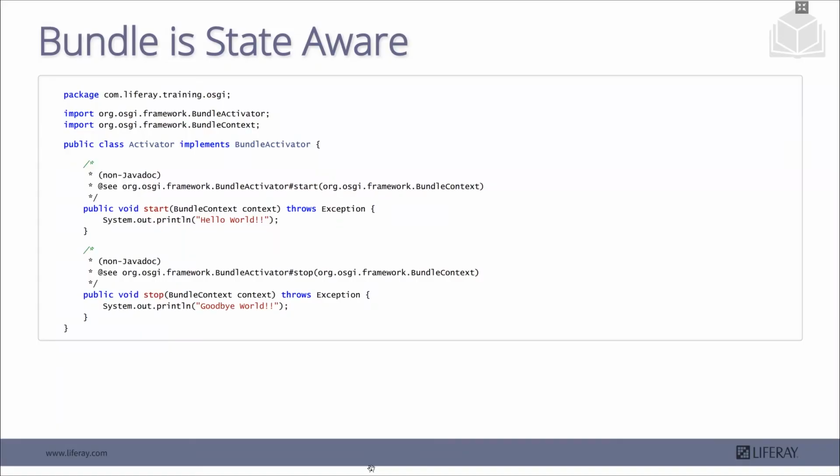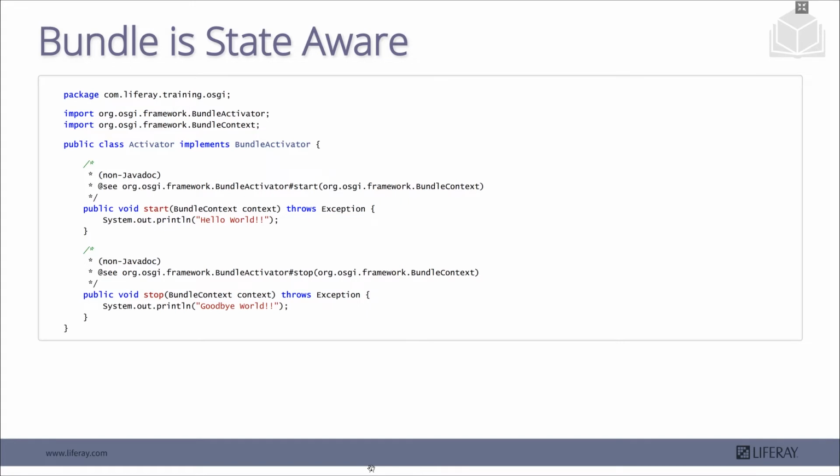There are specific methods that correspond with it. As those methods are called, we can then do something within them. For example, in the code that we see here, when the bundle starts up, we print out hello world. When the bundle stops, we print out goodbye world. So that's what's going on there.